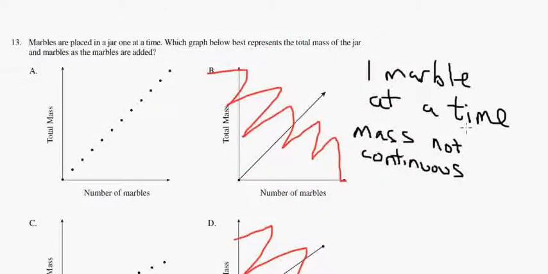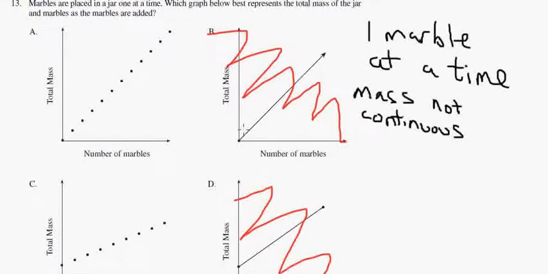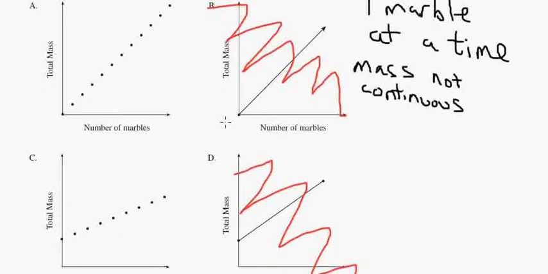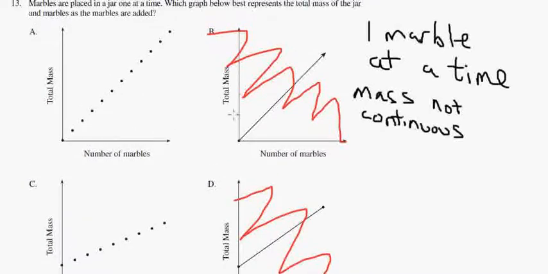And because we're placing one marble at a time, we know that it's not going to be a continuous increase in mass, because we're not placing fractions of a marble or half fractions of a marble or so on. They're one whole marble at a time, which means the mass goes up by a specific amount every time. Right, so that leaves us with either A or C.